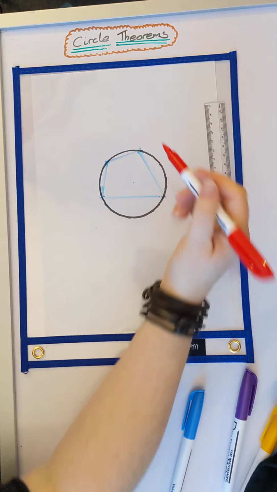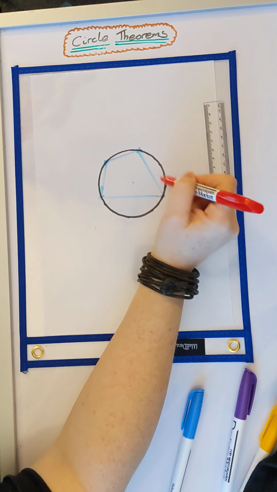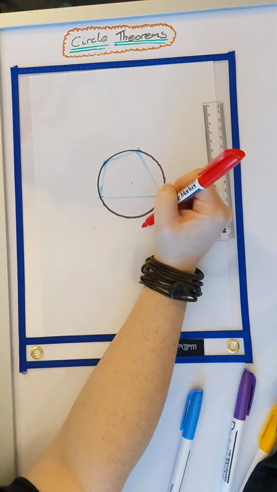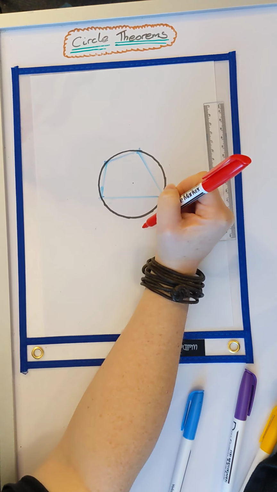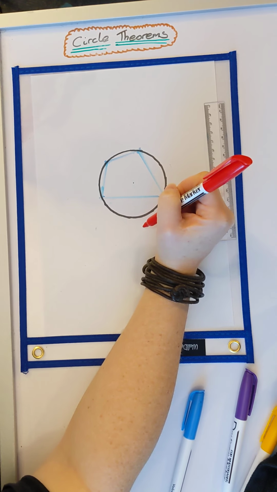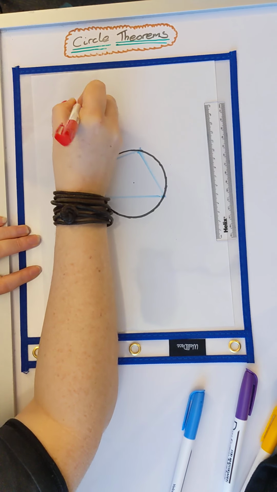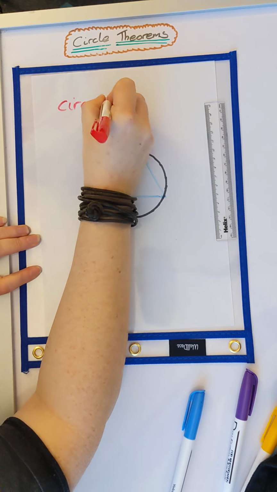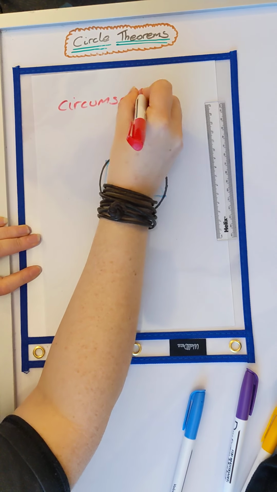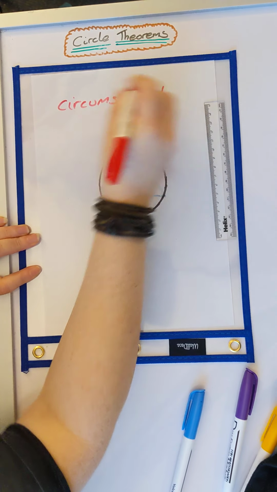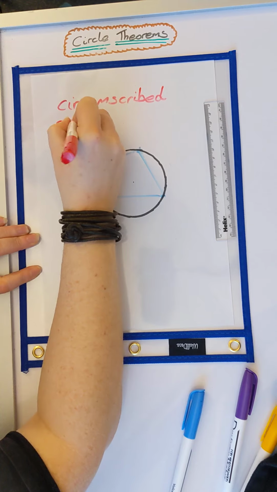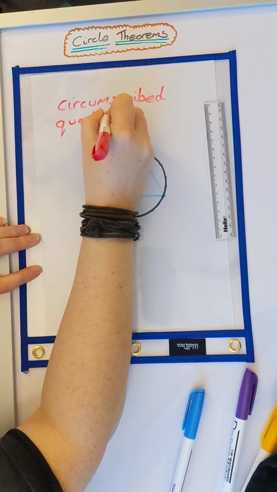Right. What we have here is a circumscribed quadrilateral. That means it's inscribed inside a circle. Circumscribed. Quadrilateral just means 4-sided.